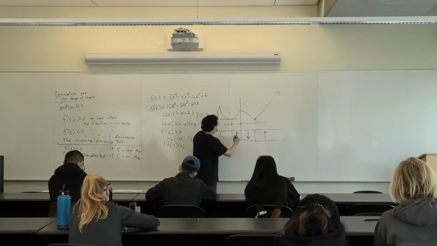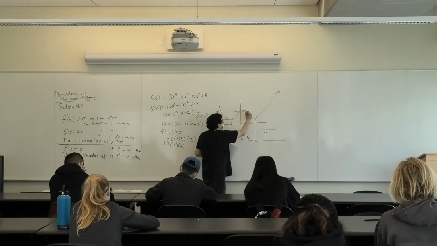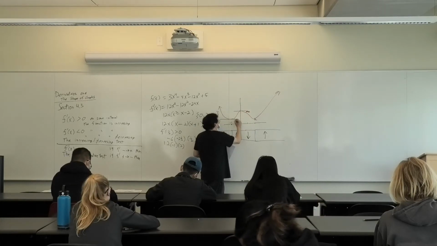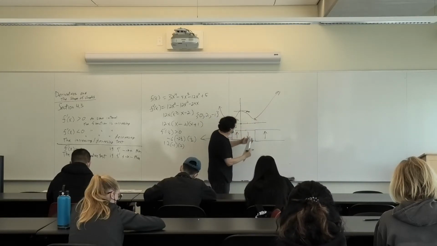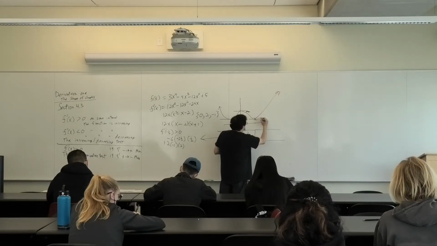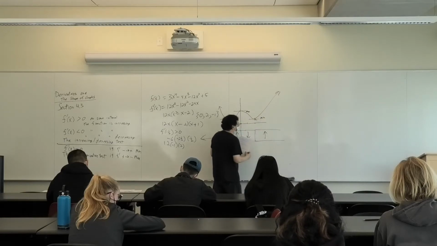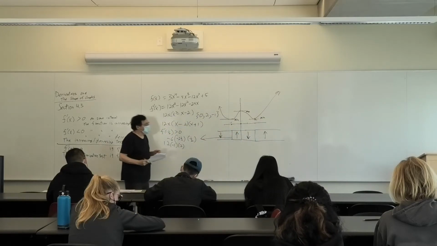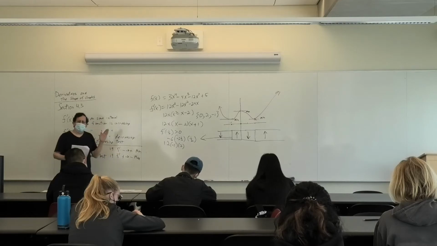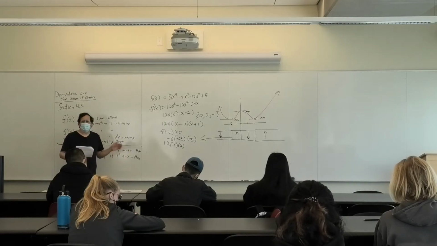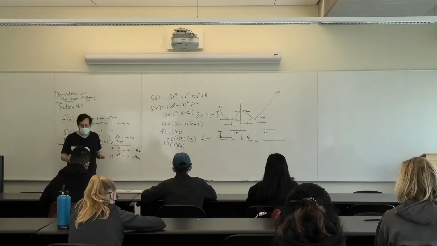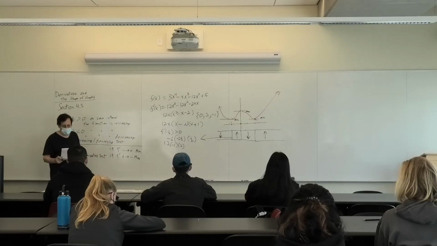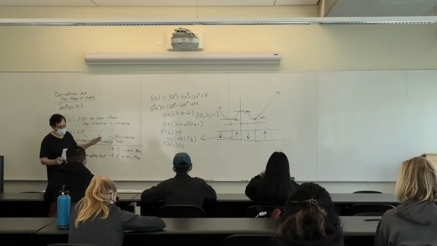So now we know that this is a maximum. And likewise here, we're going from negative to positive, so we again know it's a minimum. By looking at how the derivative changes when it goes through 0, we can see what kind of local extreme we have, whether it's a maximum or a minimum.